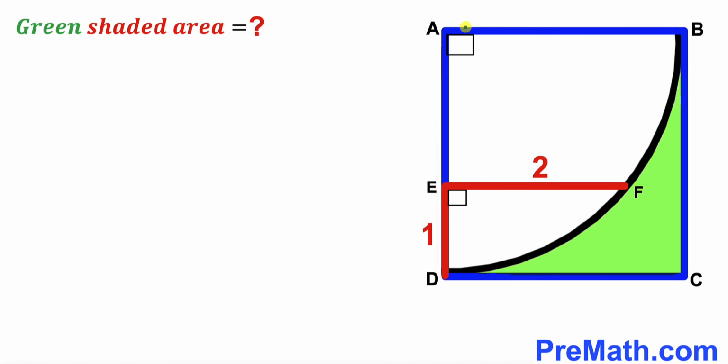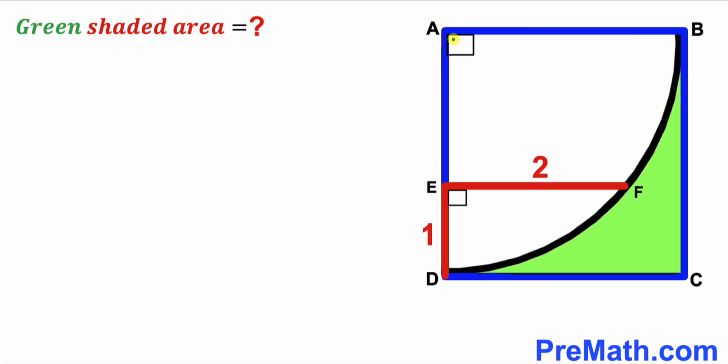So we must calculate the side length of this blue square and the radius of this quarter circle as well. Let's make an observation. The radius of this quarter circle is equal to the side length of this blue square.